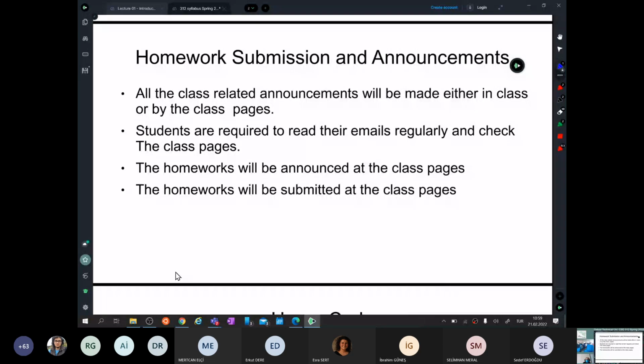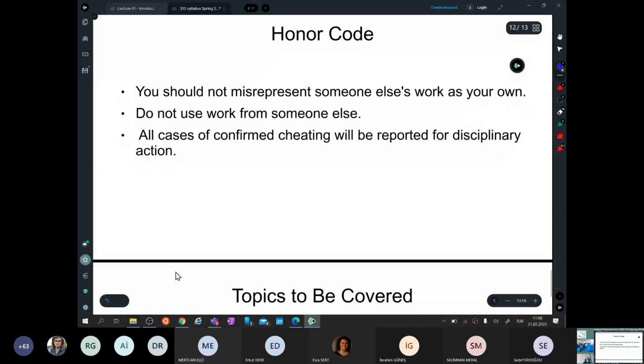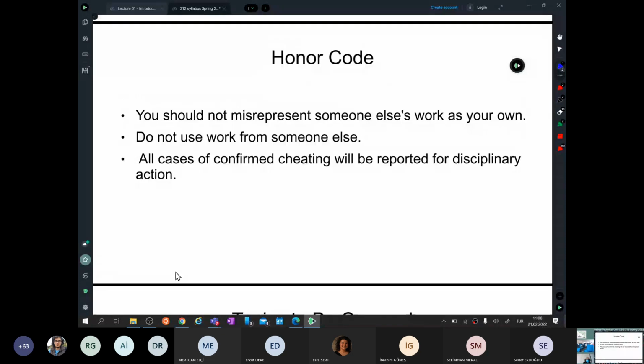Honor code, we have an honor code, of course. The university has it. You should not misrepresent someone else's work as your own. Do not use work from somebody else. All cases of confirmed cheating will be handled accordingly. We have ways of handling it. So don't do any of this stuff.